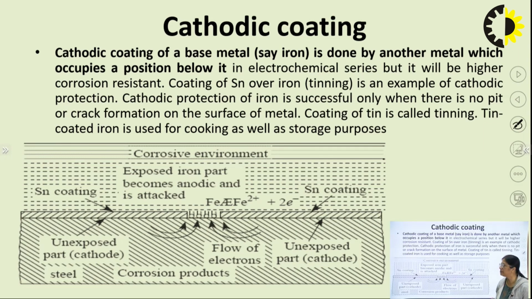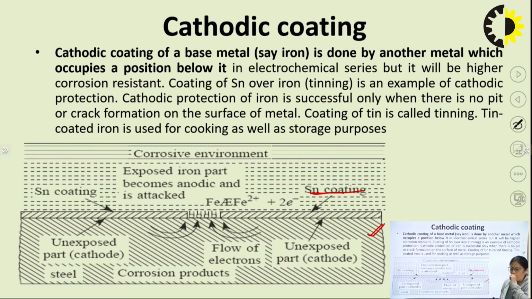For example, if I coat our metal with tin, then tin is lower in the electrochemical series, and it has lower activity or reaction towards the environment. Therefore, it protects the surface of the metal because it itself does not interact with the environment.